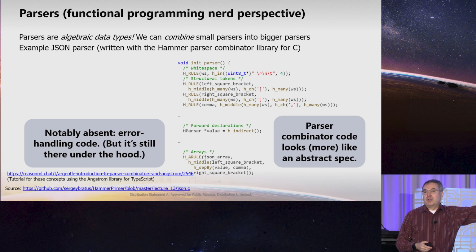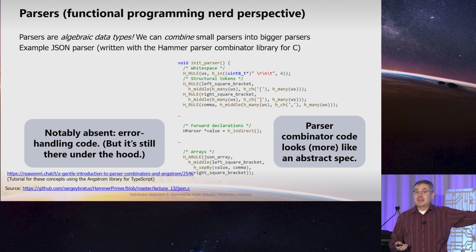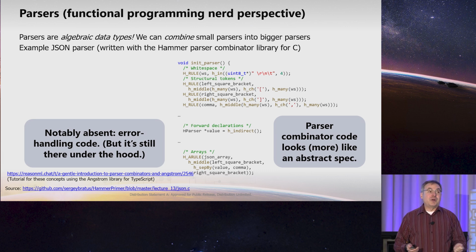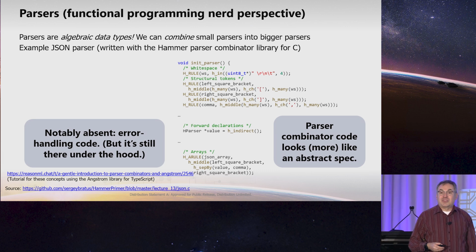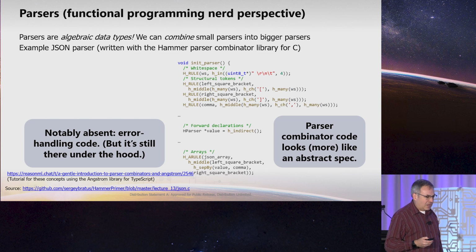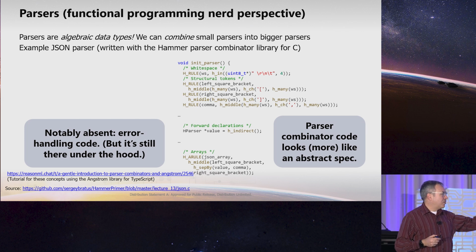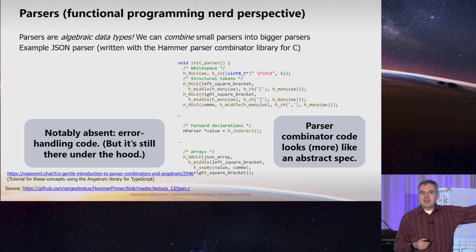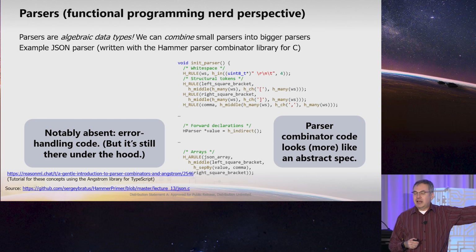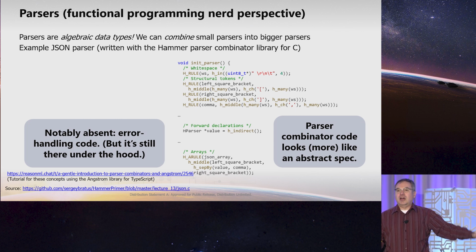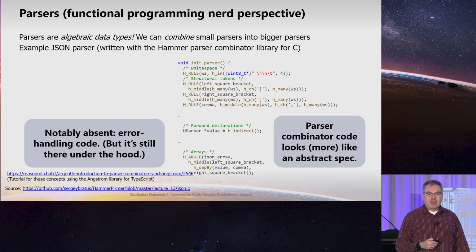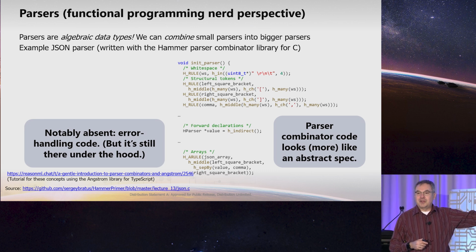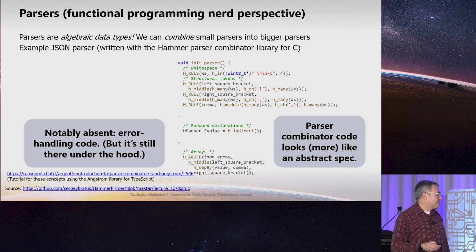By having a good, rigorous specification of what's in the language, we also, kind of for free, get a very robust rejection of anything that's outside the language. So if you want to learn more specifically about parser combinators, that's a nice link to an example. There's a ton of stuff online about this. And you name the programming language, there's at least two or three parser combinator libraries that you can use with it.